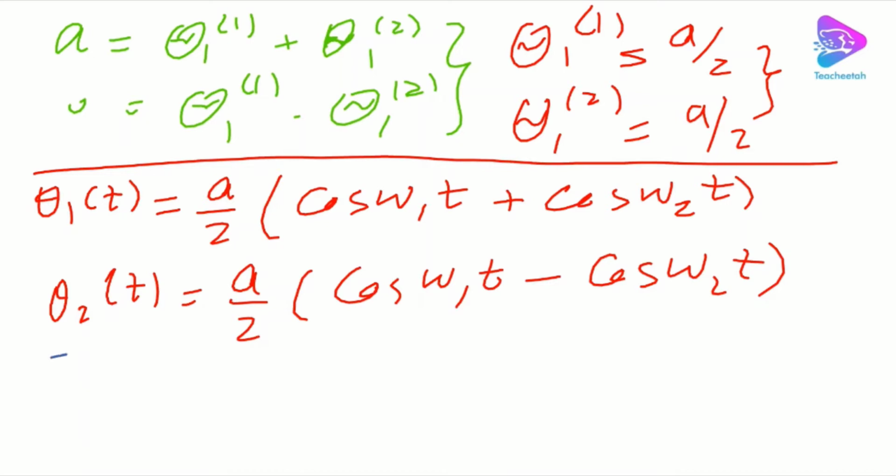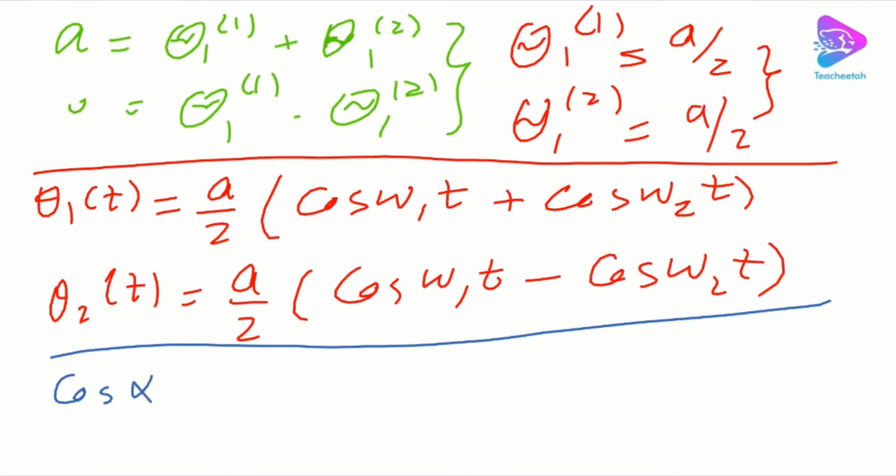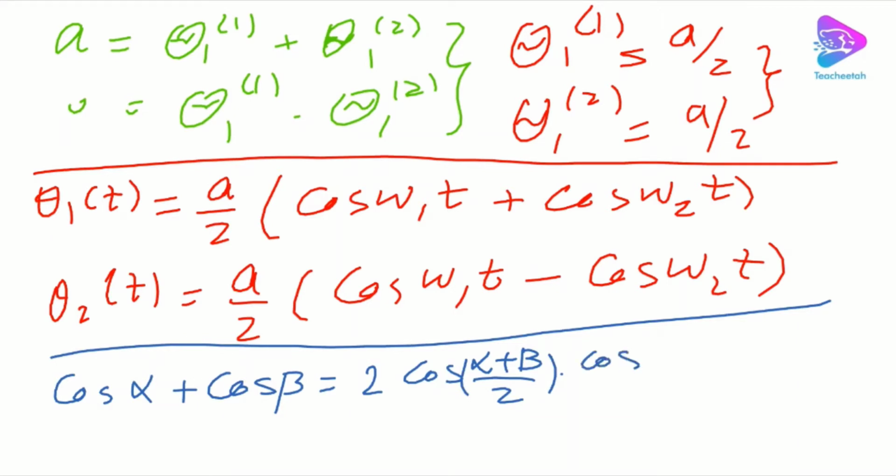If you may remember from calculus, we know that cos alpha, where alpha is any angle, plus cos beta, we can convert this summation to a multiplication, is equal to 2 cos of (alpha plus beta) divided by 2, times cos of (alpha minus beta) divided by 2.